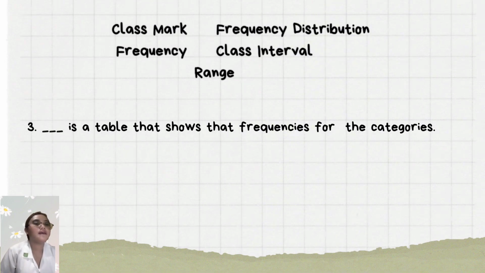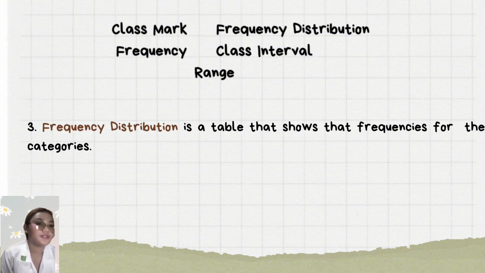Okay, blank is a table that shows the frequency for the categories. Okay, at the back, Mr. Kalel. Okay, frequency distribution. Correct. Frequency distribution is a table that shows the frequencies for the categories.